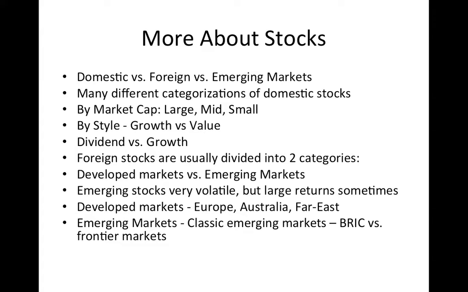There is an ETF for Indian stocks. There is an ETF for Chinese stocks. On the other hand, if you want to combine them all, there might be an ETF just for the emerging markets. And if you just want to be in large cap US stock, there's an ETF for that. Whatever kind of exposure you want, there is most likely an ETF for that. That is the idea behind these different categories, different segments of the market.